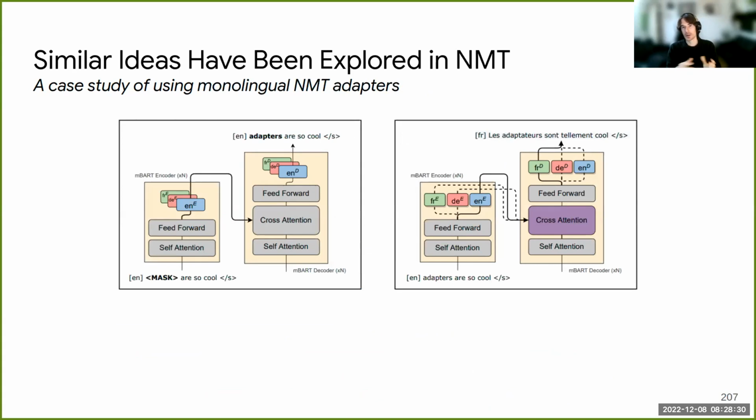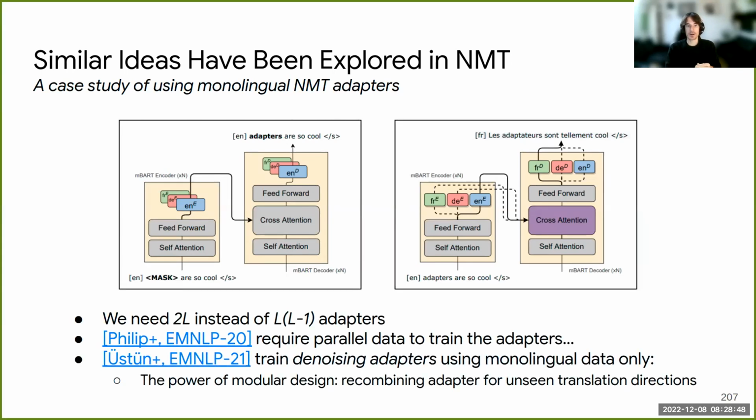Again, going back to the connections between NMT and cross-lingual transfer, since Bapna and Firat designed bilingual adapters, they required adapters for every single language pair, which means lower modularity. So follow-up works of Philip et al. and Üstün et al. created monolingual adapters for neural machine translation, so that each adapter just covers a single language. We need a monolingual adapter on the encoder side and one language adapter on the decoder side.